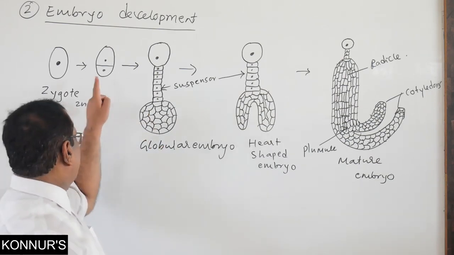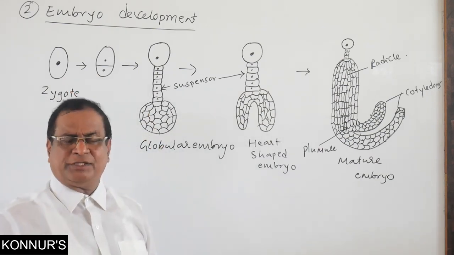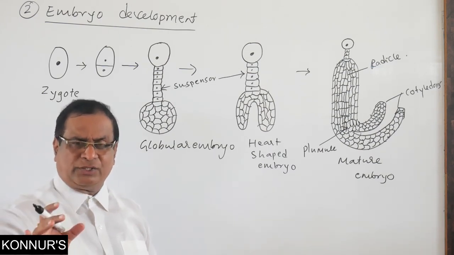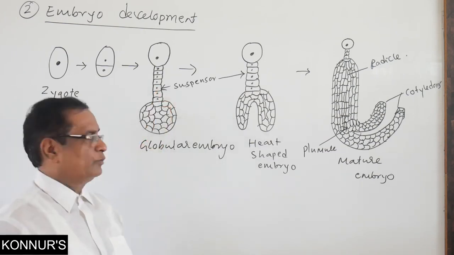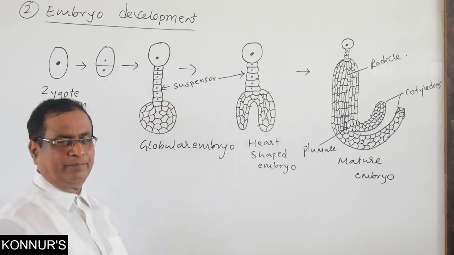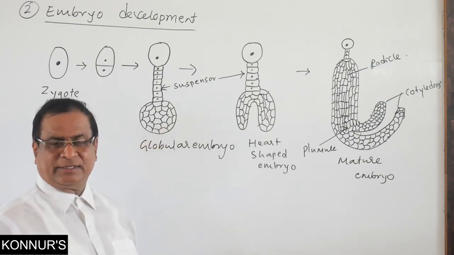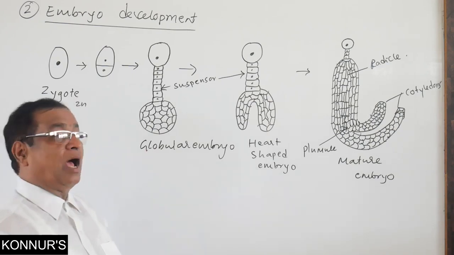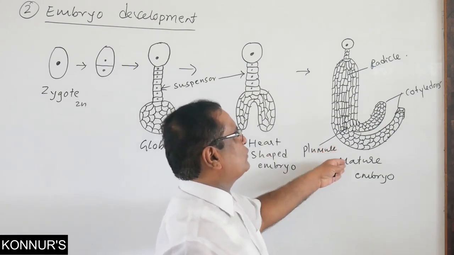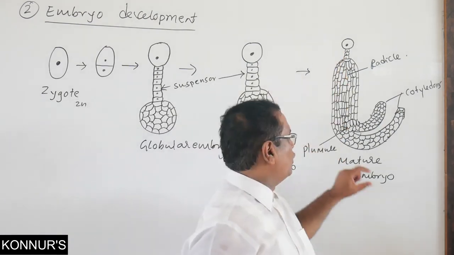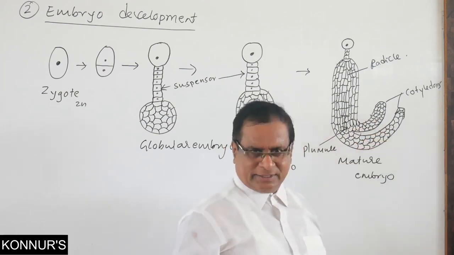That is, a single-celled zygote undergoes repeated mitotic division leading to the formation of a ball of cells. Then that leads to a globular embryo, and that is pushed into the endosperm by the suspensor, and it becomes heart-shaped, and finally the embryonic axis will form, with two cotyledons.